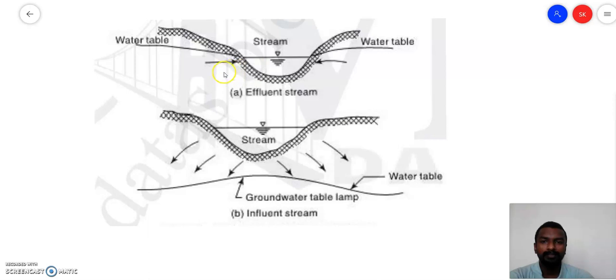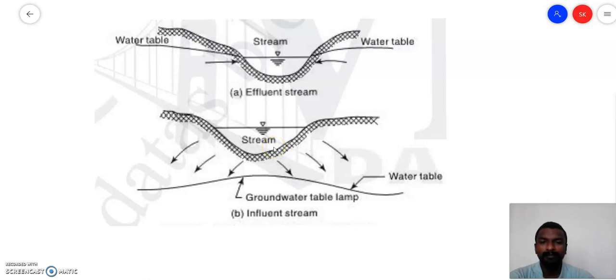Here, if you see, it is called an effluent stream, because water is coming from the water table to the stream. There is another type of stream called an influent stream. Generally these streams do not flow for the entire year, and this is called an intermittent or seasonal stream.